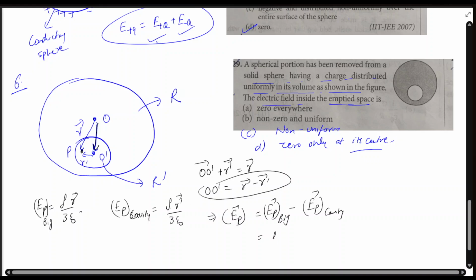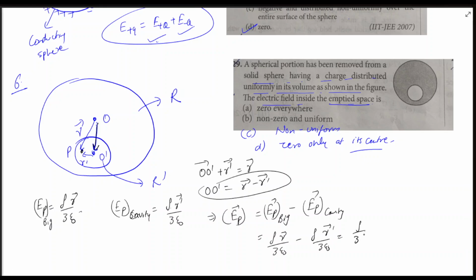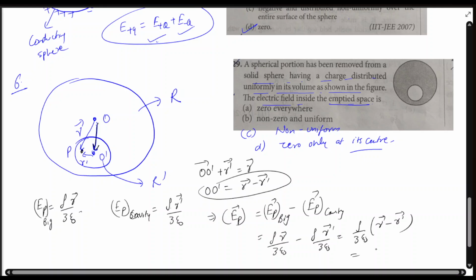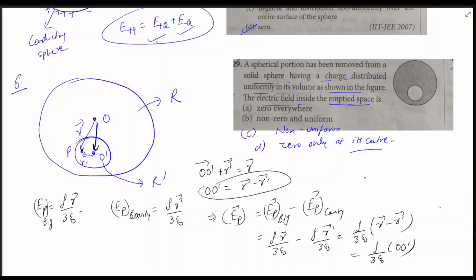So what it will be: rho r vector divided by 3 epsilon naught minus rho r dash vector divided by 3 epsilon naught. So it will be rho by 3 epsilon naught times (r vector minus r dash vector), and r minus r dash vector we have already calculated, rho upon 3 epsilon naught times OO dash.